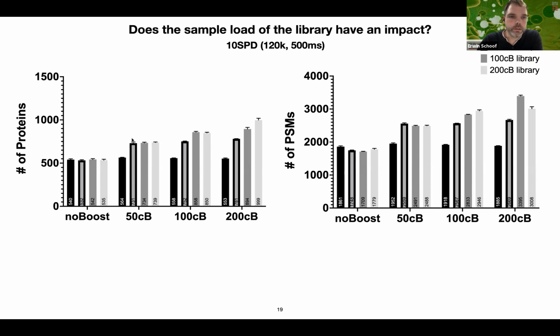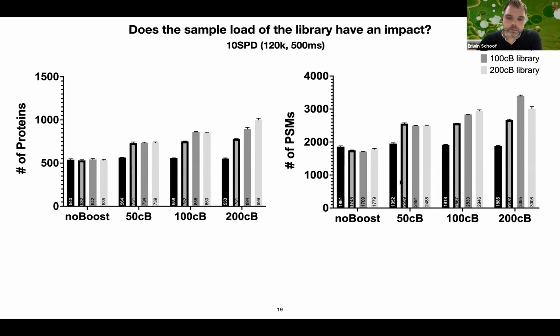And then with the 50-cell, we start seeing that the no-boost library performs worse than the 50-cell, but then we don't see an increase going further up. And the same at the 100-cell, it seems that the 100-cell booster is performing best, and at the 200-cell samples, also the 200-cell booster library performs best. And the pattern is very similar at the peptide level.